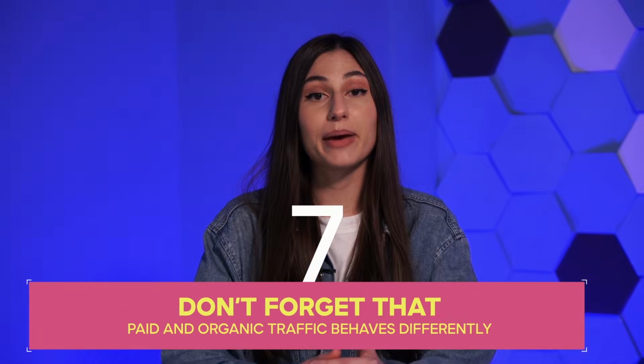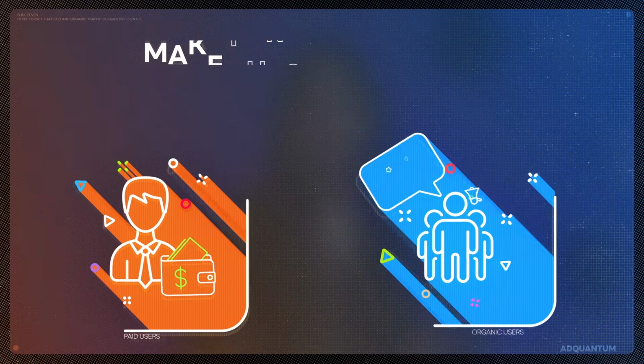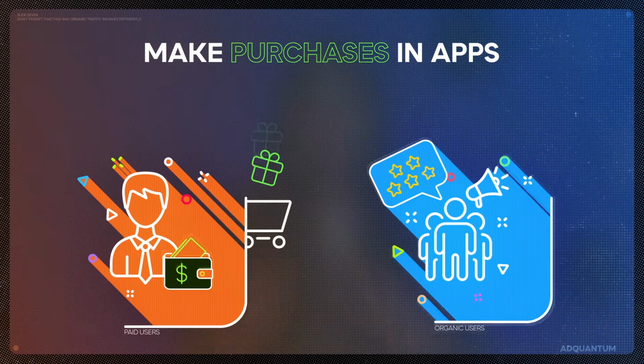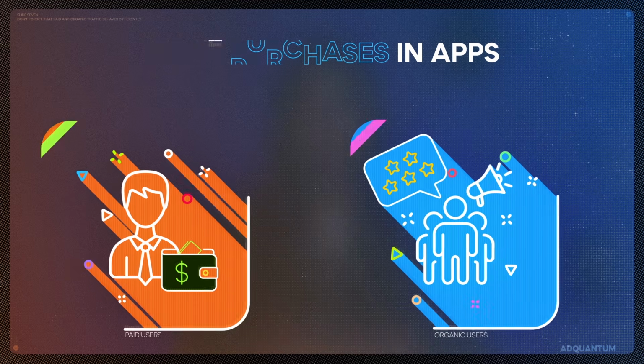Don't forget that paid and organic traffic behaves differently. Never compare metrics of organic and paid traffic. Paid and organic users behave in completely different ways. The main difference is that from the paid UA campaigns come users who make purchases in apps, and organic traffic mostly makes up non-paying users.